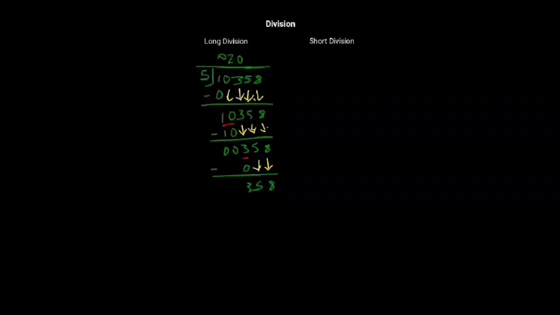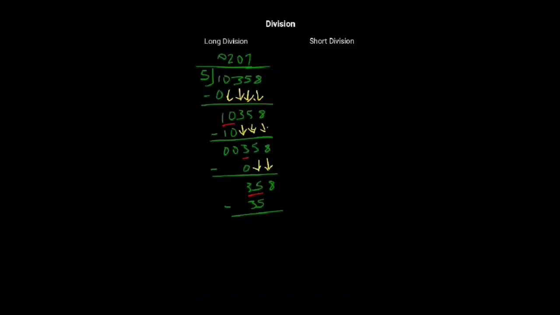Now we are on to the 5, but we have 3 in front, so it's 35. Dividing 5 into 35, that goes 7 times. So 5 times 7 gives us 35. Now we subtract that.